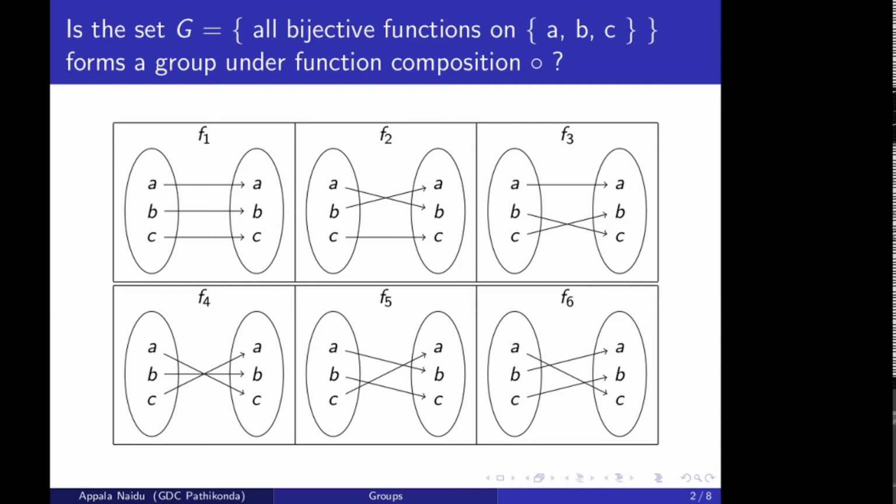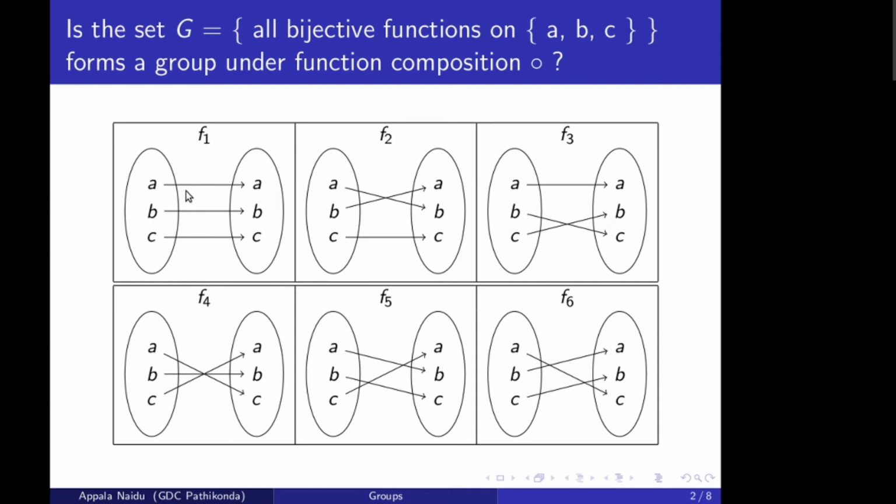Now these are the list of all bijective functions from the set consisting of elements A, B, C. Since there are three elements in the set, there will be 3 factorial bijective functions, that is, 6 bijective functions.